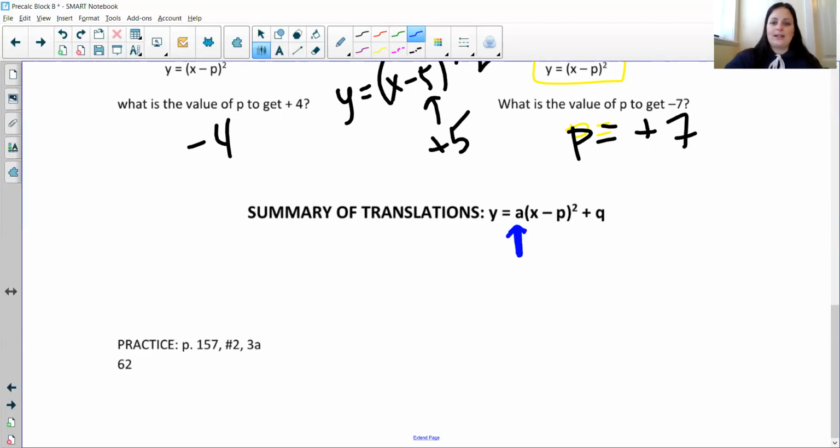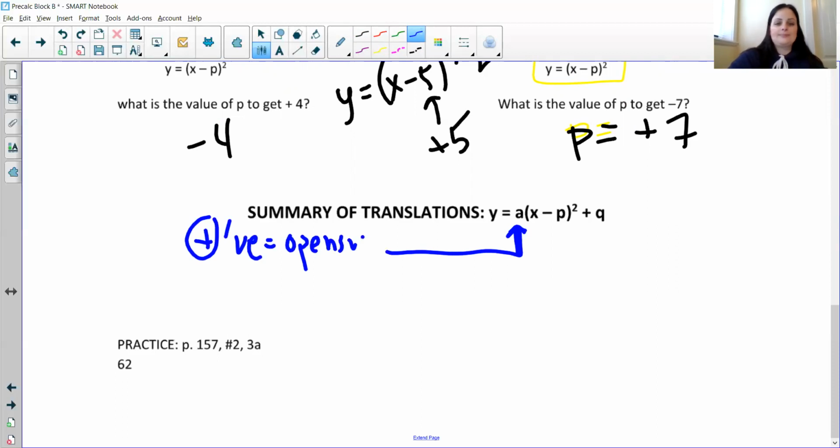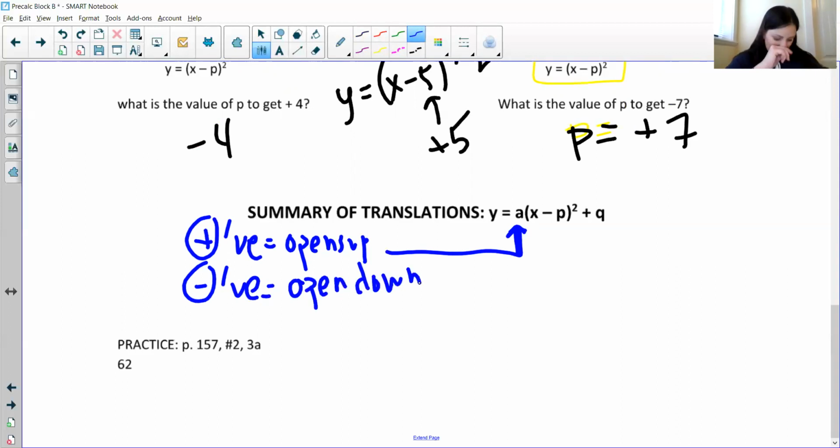Not the value yet, that's another lesson, but when A was positive, like the first example, it opens up. If it's negative, the parabola is going to open down. Okay, for P, it's going to make it move left or right.